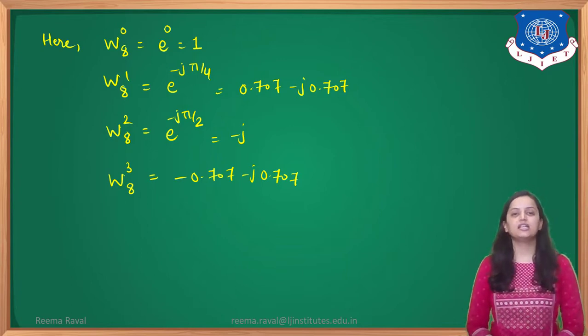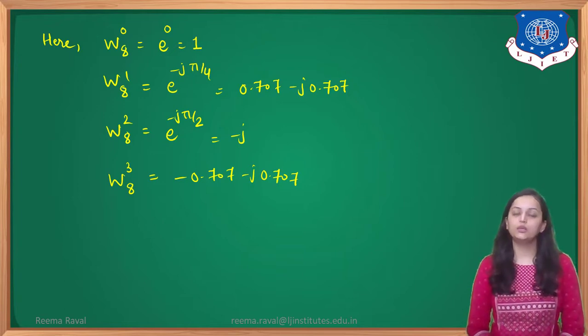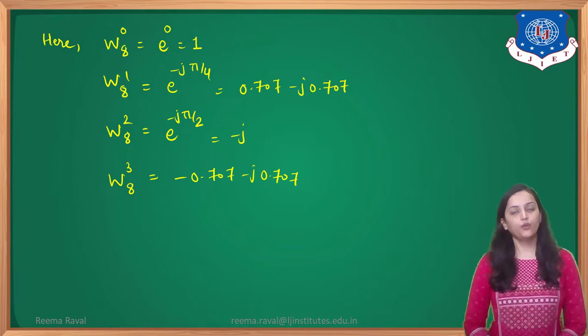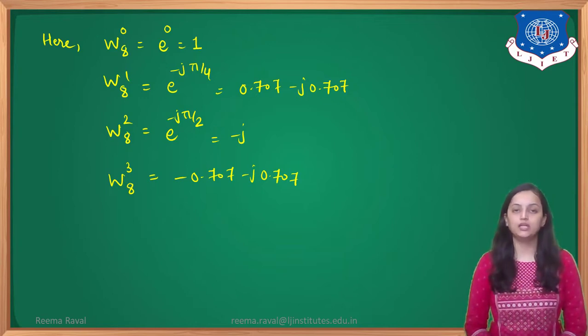So as we have seen that for each and every stage, Twiddle factors are there. So to calculate the values, we need to calculate the Twiddle factor values first. As we have seen, there are 4 Twiddle factors that we have considered, that are W8^1, W8^0, W8^2 and W8^3.